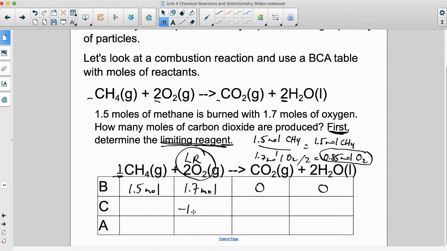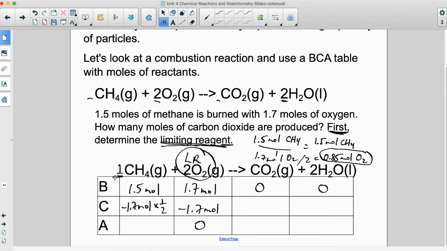I always subtract off my entire limiting reactant to get 0 because that gets used up. I always start off with that first. Now, based on my 1.7 moles, I see that the amount of CH4 that I use is half of the O2. So I can take my minus 1.7 moles and multiply by 1 over 2.